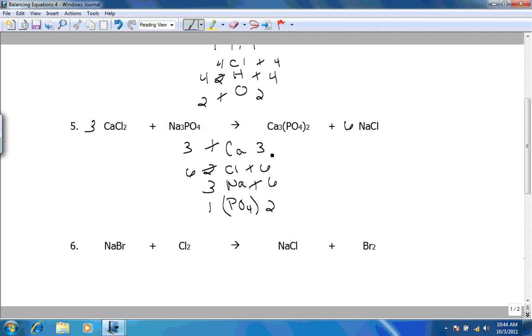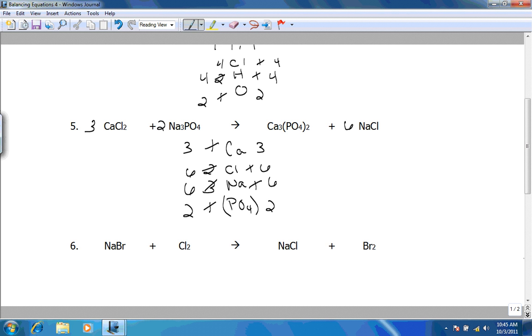Now we have calciums balanced and chlorines balanced. Sodiums, we have 3 here and 6 over here on the right. So I'm going to multiply sodium phosphate by 2, so that way I have 6 sodiums. That changes our phosphates to 2, which is a good thing because now our phosphates are balanced.